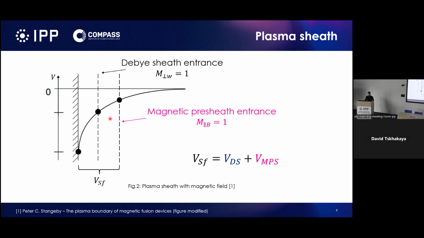Then inside the magnetic pre-sheath, they start to get accelerated in the direction perpendicular to the wall. That is then the condition at the Debye sheath entrance. And then in the Debye sheath, we get the usual charge imbalance as we had previously.